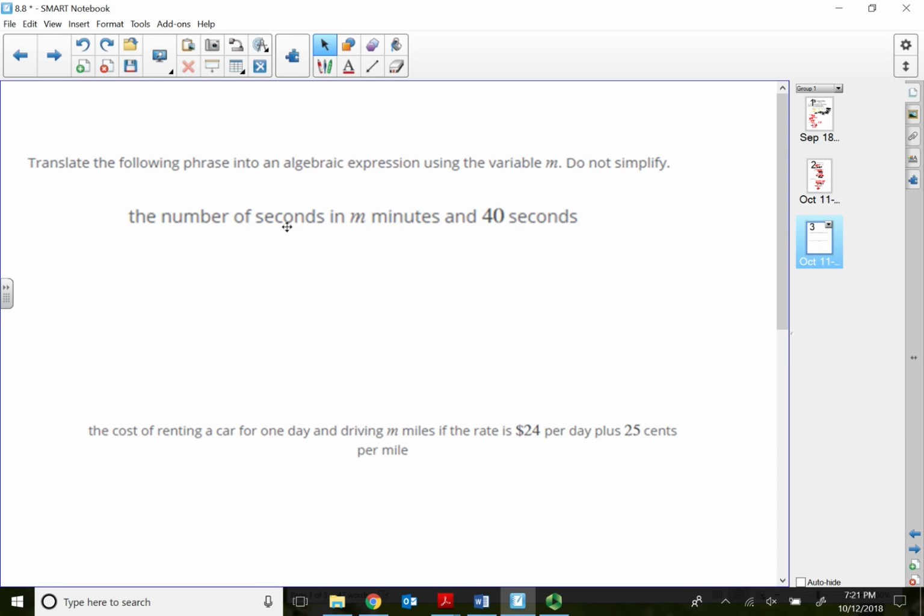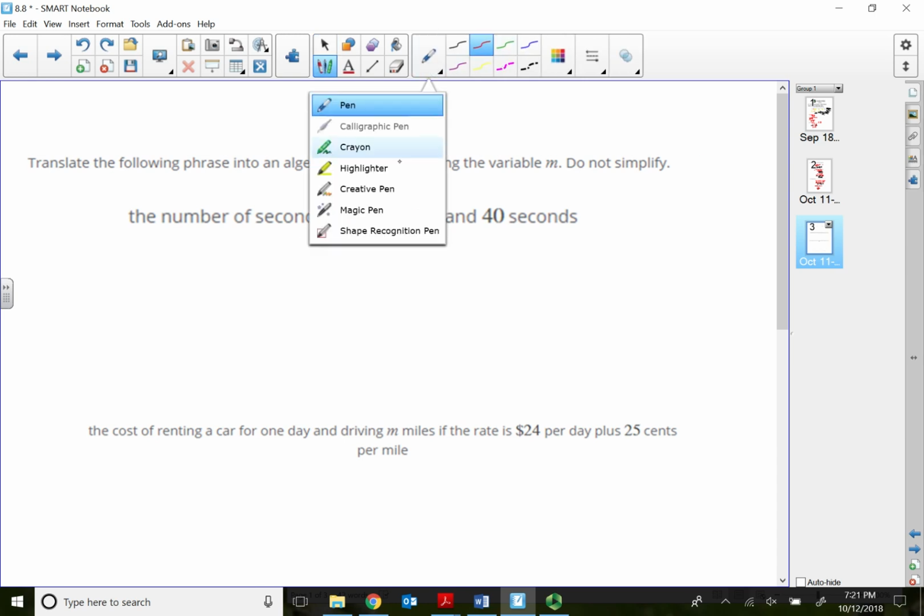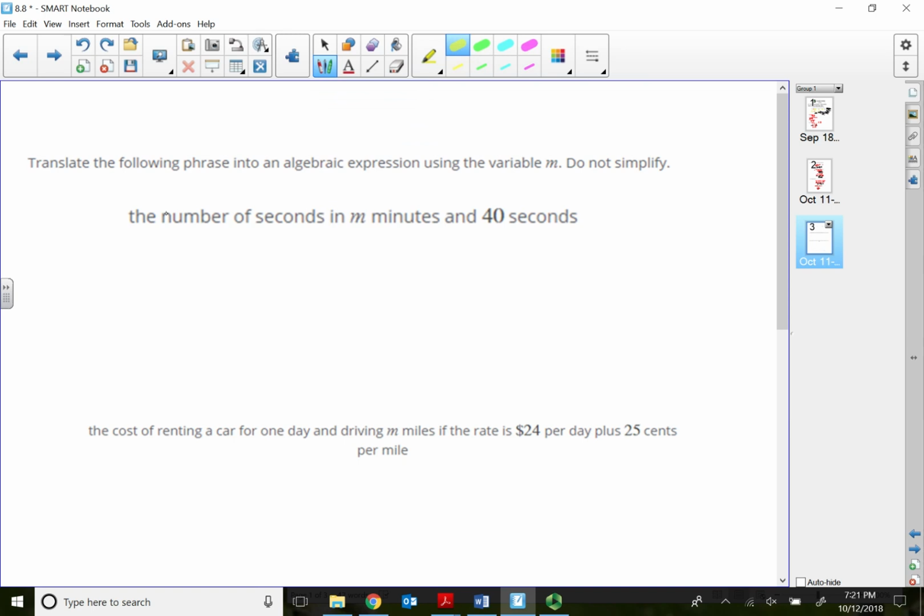The number of seconds. What that means is my answer needs to be in seconds. In m minutes and 40 seconds. So how many minutes do I have? Well, I have m minutes, but everything needs to be in seconds. So 1 minute is 60 seconds. m stands for minutes.